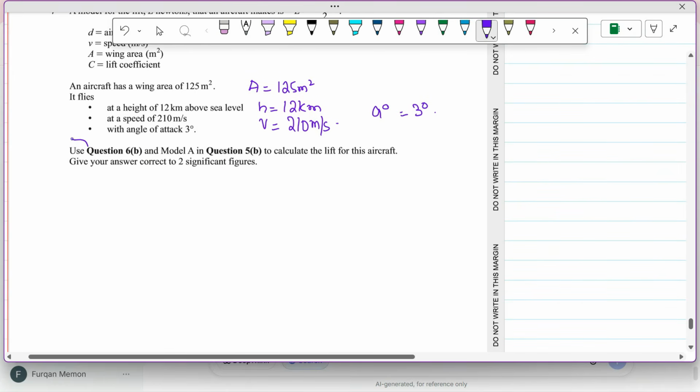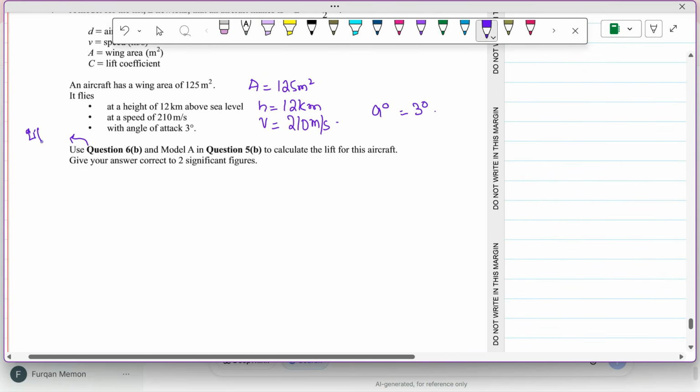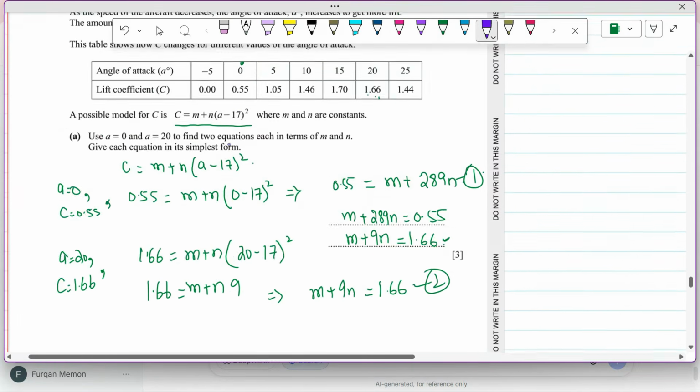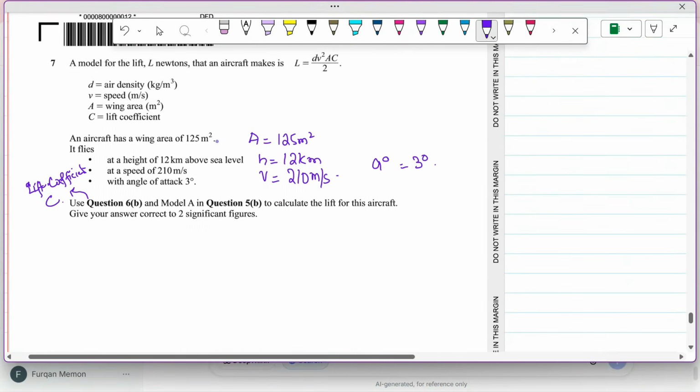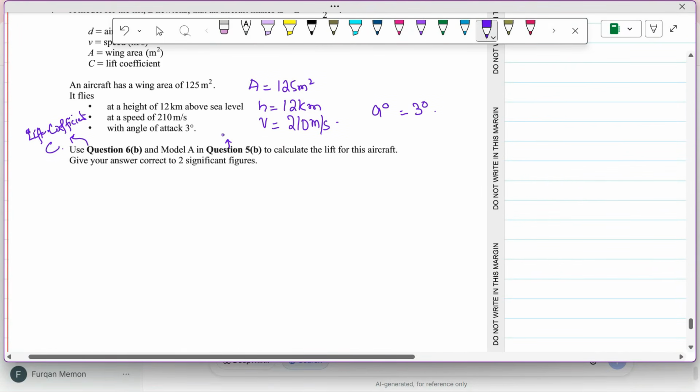In question number 6, we studied the lift coefficient, which is C. And in question number 5b, we discussed the air density, so this one is air density d.